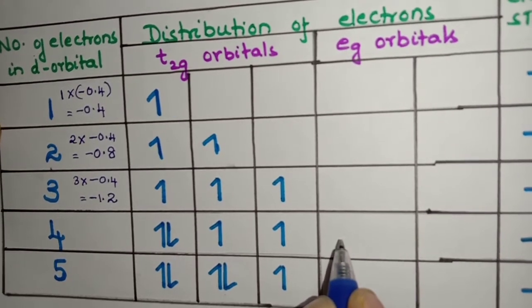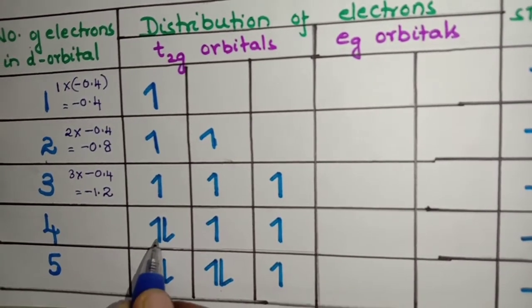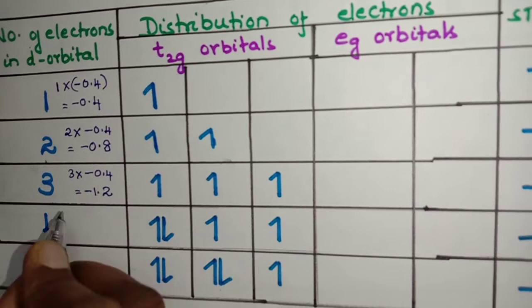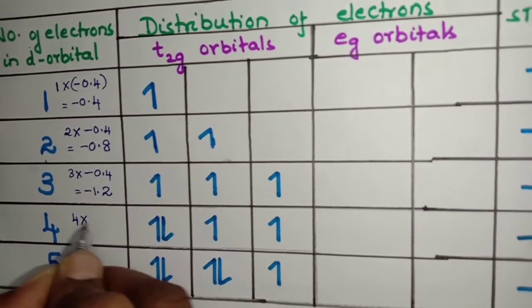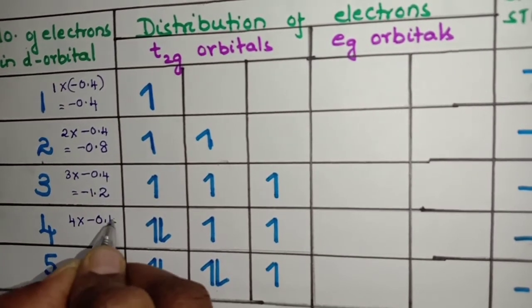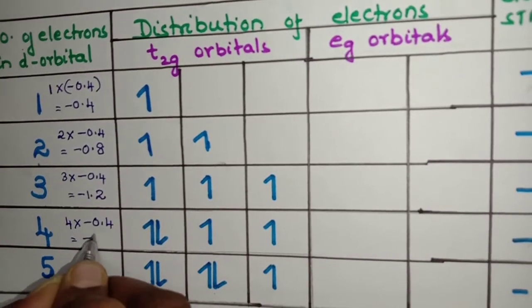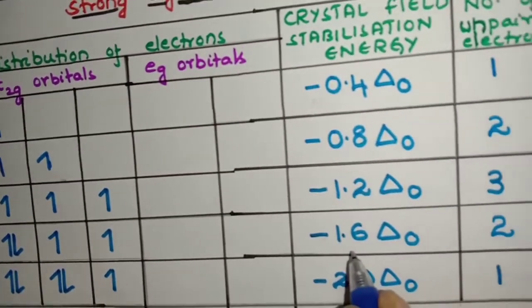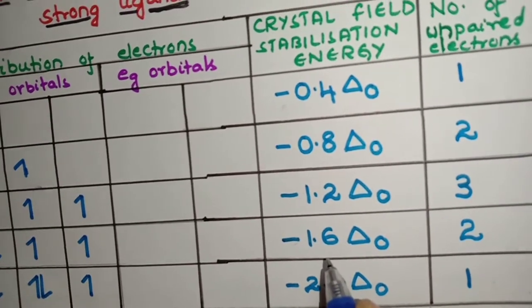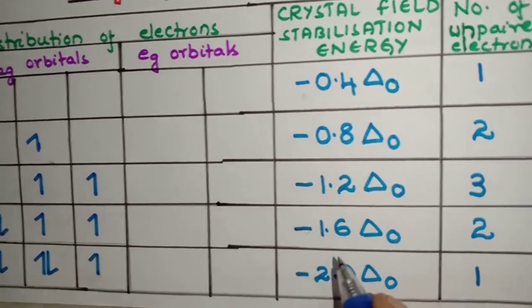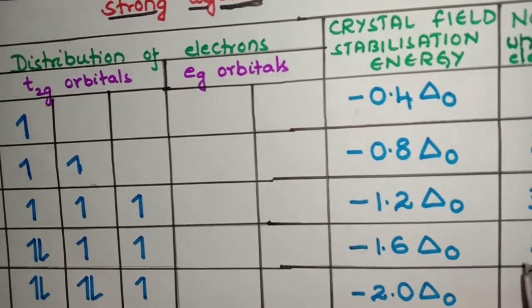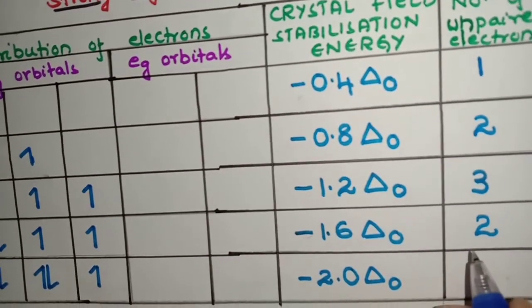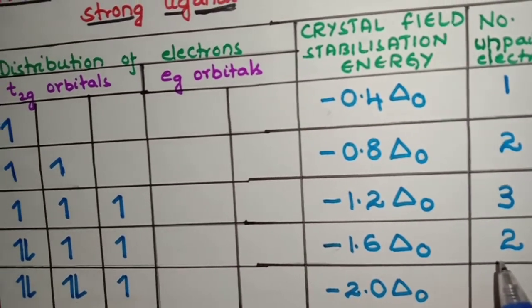Understood? Now, how many electrons? 1, 2, 3, 4. So 4 into minus 0.4 is equal to minus 1.6. So CFSE will be minus 1.6 delta O units. Number of unpaired electrons you can count: there are 2 unpaired electrons. Next.